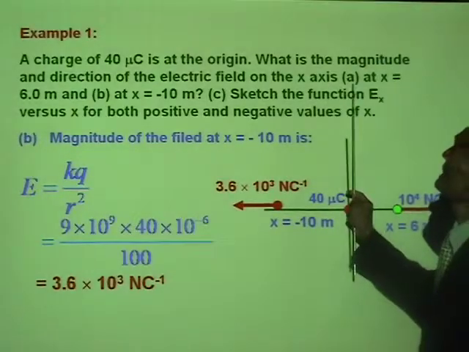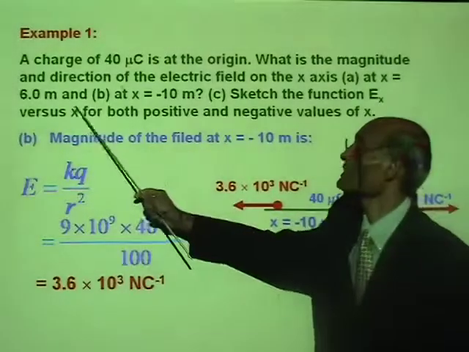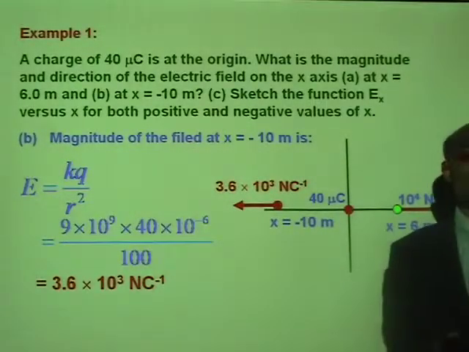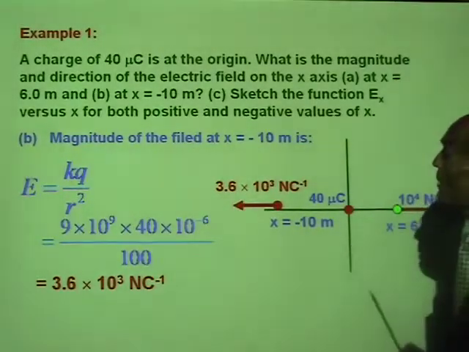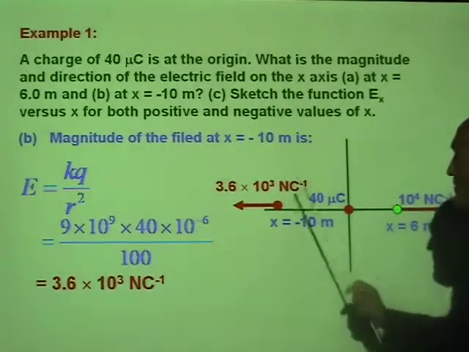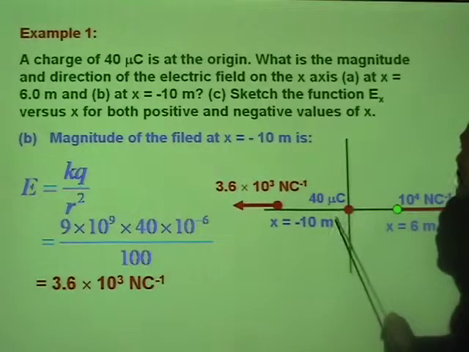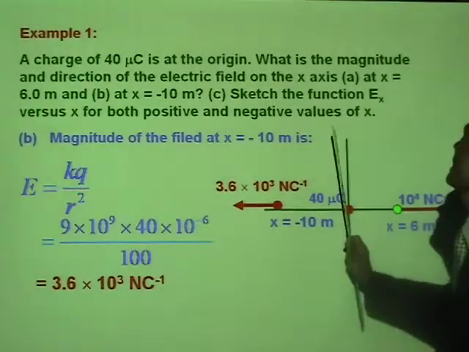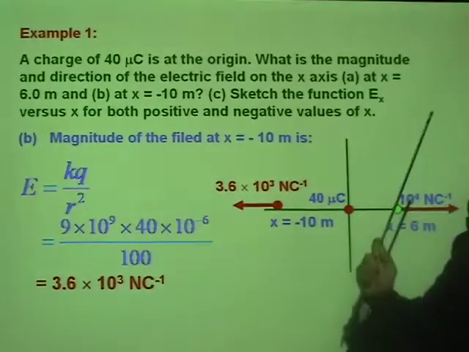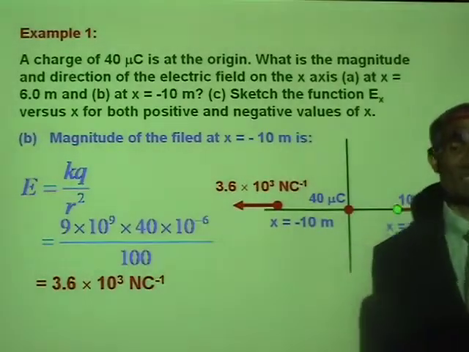So we found the electric field at x equal to 6 meter and the electric field at x equal to negative 10 meter. Now tell me, what do you think will be the shape of the graph if you draw a graph of electric field on the y-axis and, of course, x on the x-axis?